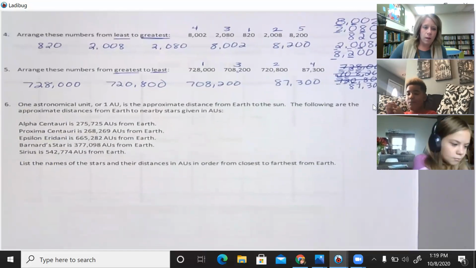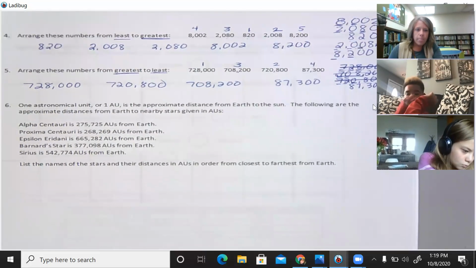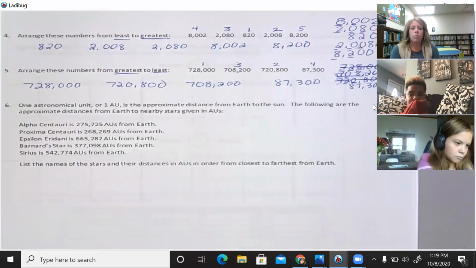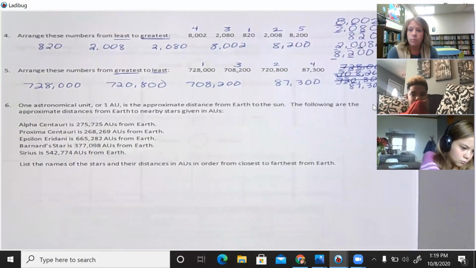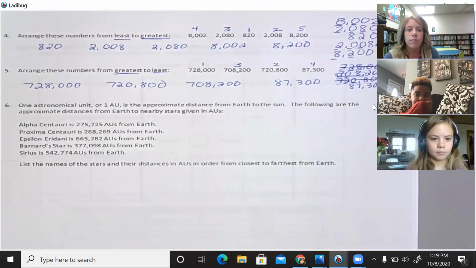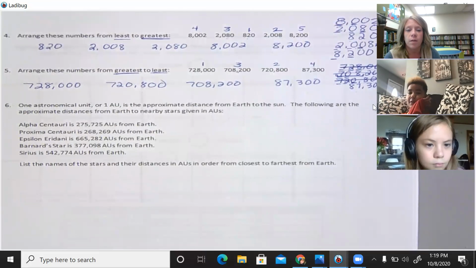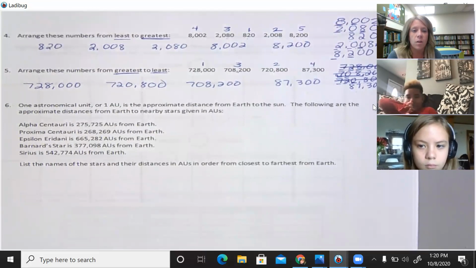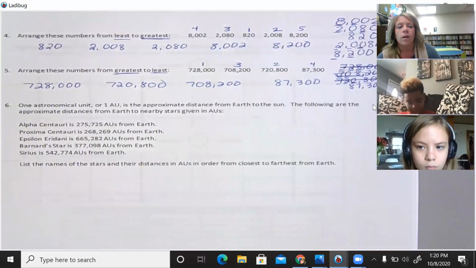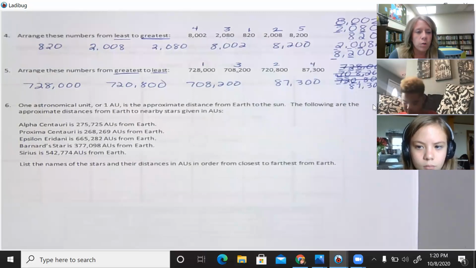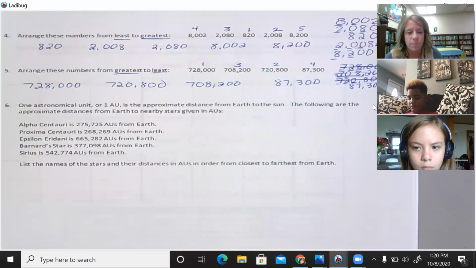Okay, last one. 1 astronomical unit, or 1 AU, is the approximate distance from Earth to Sun. The following are the approximate distances from Earth to nearby stars given in AUs. So we have 1, 2, 3, 4, 5 different distances.